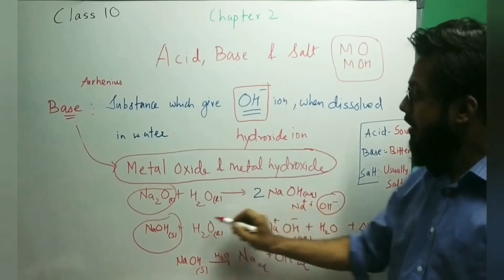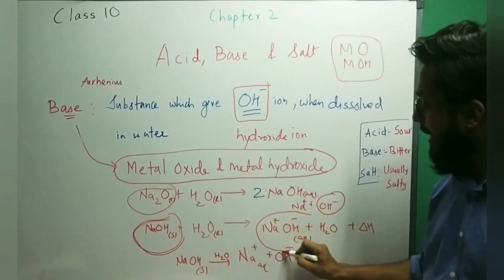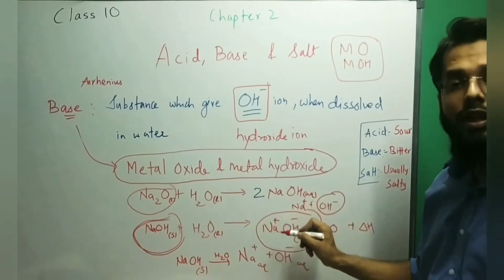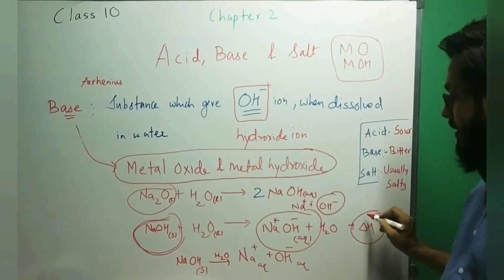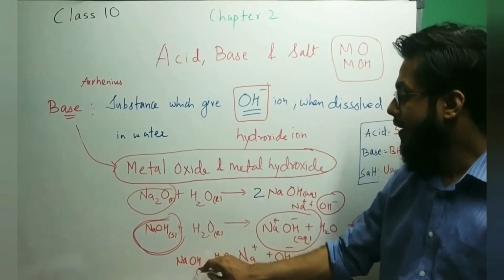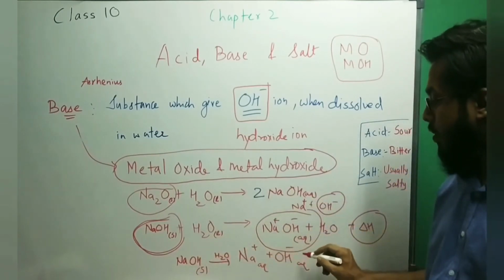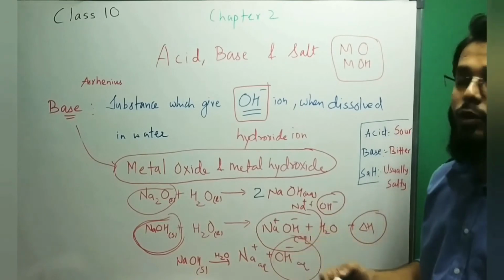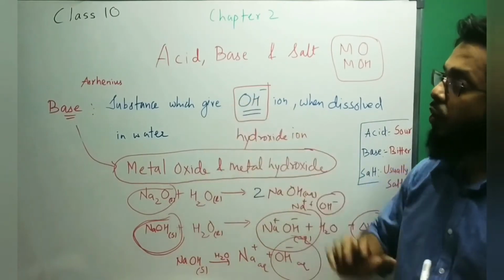But it is in solid state on the reactant side, and on the product side it gets dissolved and you get Na plus and OH minus and an excess amount of heat energy. This is an exothermic reaction. So in other words, we can write NaOH plus water gives Na plus and hydroxide ion. So a base gives hydroxide ion and is called a base according to Arrhenius.